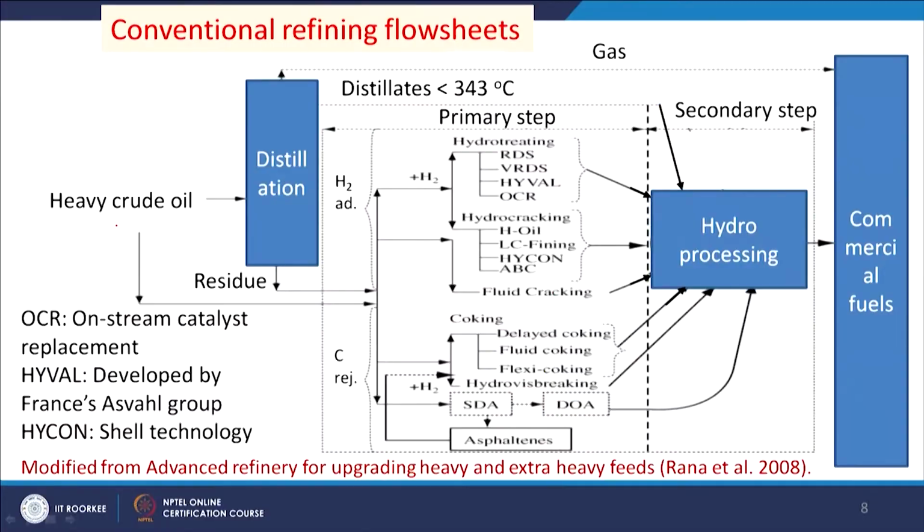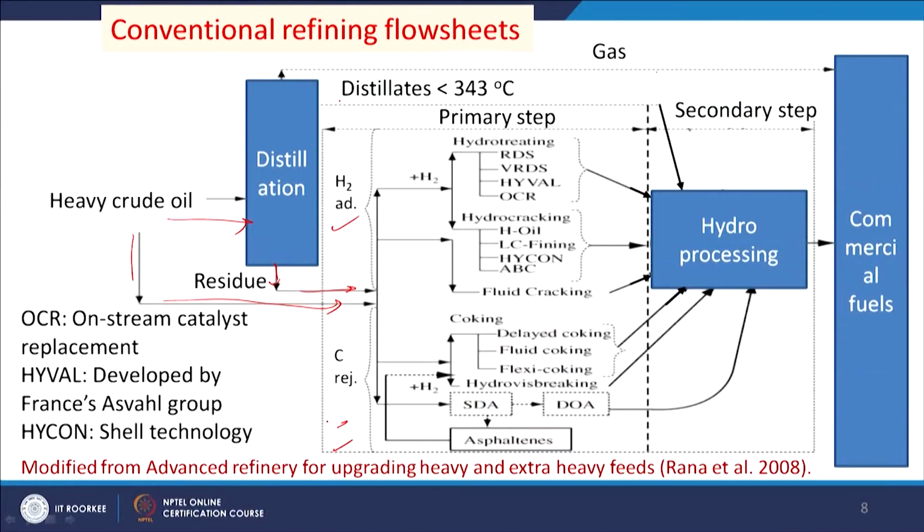Now, we will see the conventional refining flow sheet for heavy crude oil. If we have heavy crude oil, it can go for distillation, which will give some amount of gas, some amount of distillates, and most of it will be residue. This residue or direct heavy crude oil can go through different processes like carbon rejection process and hydrogen addition process.